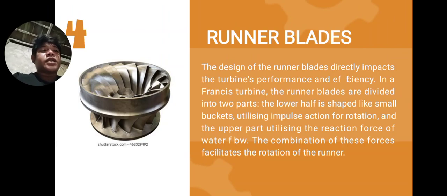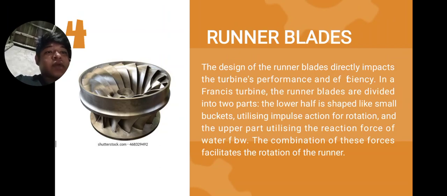The lower half is shaped like small buckets, utilizing impulse action for rotation, and the upper part utilizes the reaction force of the water flow. The combination of these forces facilitates the rotation of the runner.